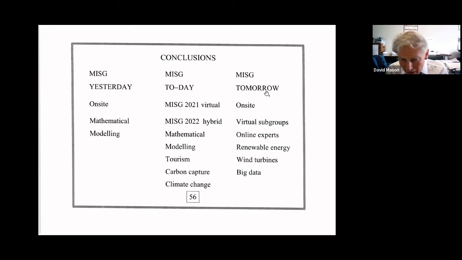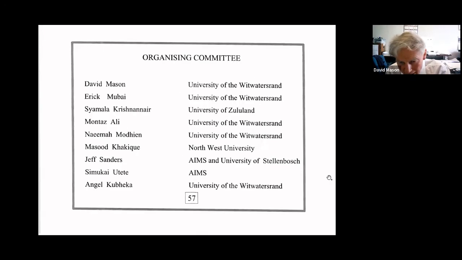Well, tomorrow, it'll be on-site, but there'll be virtual subgroups at other universities. A good thing is we can get experts overseas online. We haven't done that in the past. Renewable energy, wind turbines, big data, we can expect that.